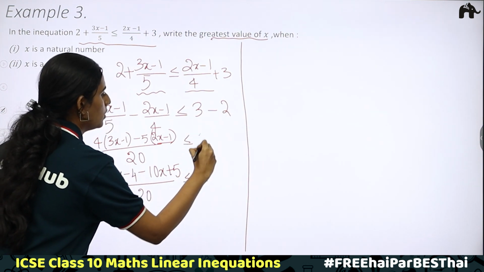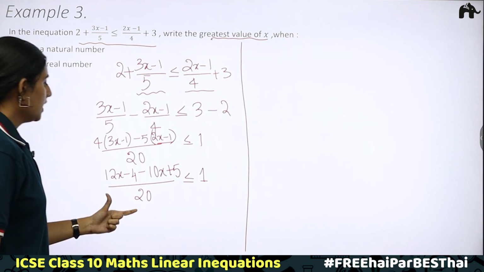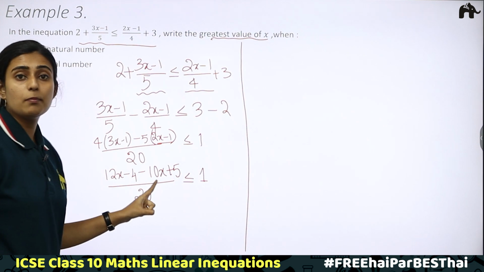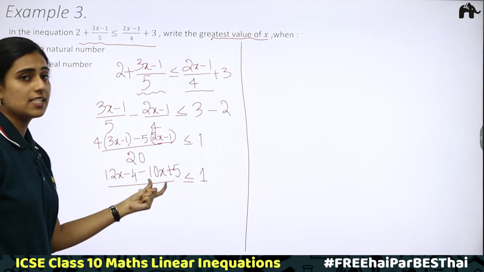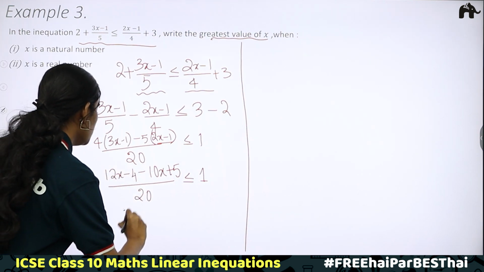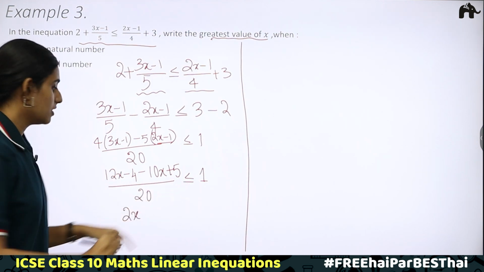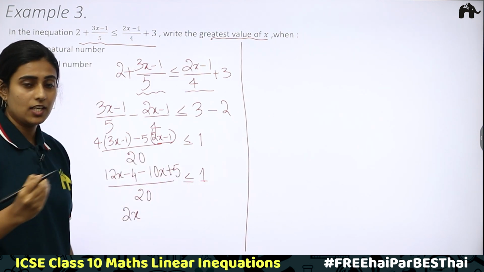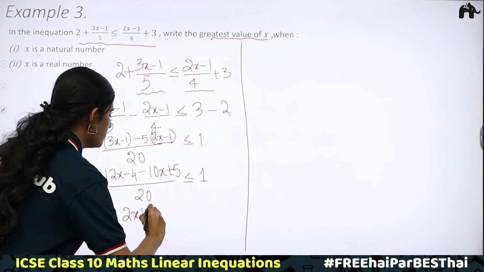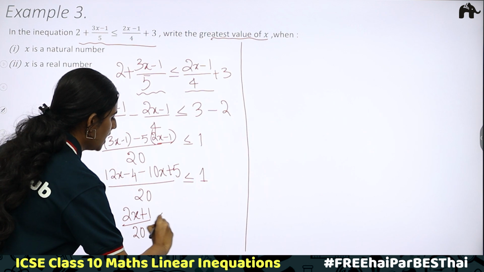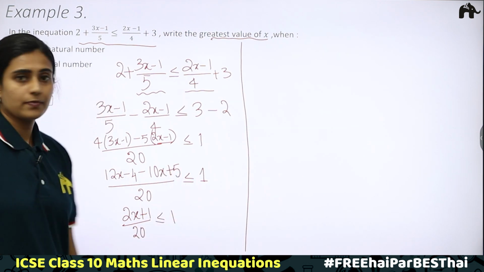Okay, less than or equal to 1. Next step, we have 12x and minus 10x. 12x minus 10x becomes 2x. Minus 4 and plus 5. Minus 4 plus 5, you will be getting plus 1 divided by 20 less than or equal to 1. Okay.